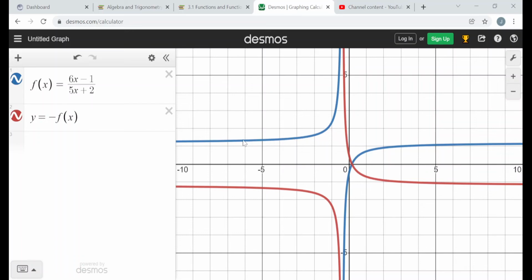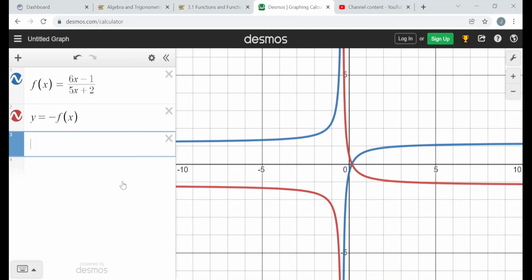Every point on the blue graph has the opposite output of points on the red graph. And once again, I'll say it later in a more detailed video on transformations, but taking a function and just multiplying it by negative 1 like this reflects it across the x-axis. So the red graph is just the blue graph reflected across the horizontal axis, the x-axis.